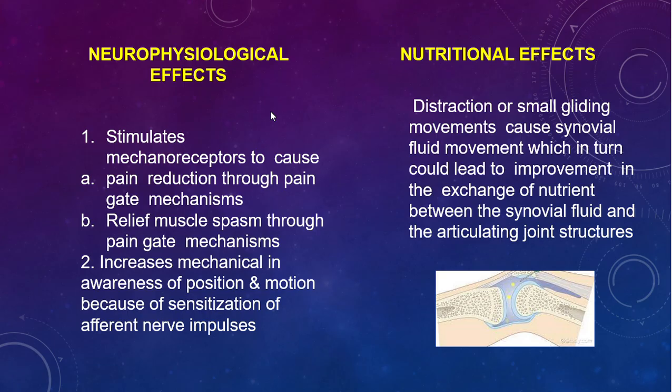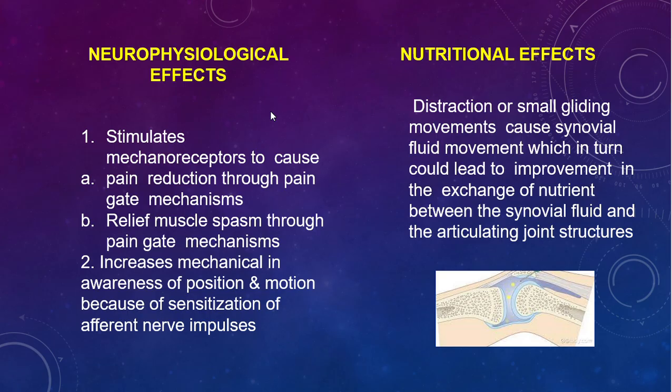That's the neurophysiological effect. And do not forget that whenever there is pain in any part of the body, the muscle, in most cases the muscle very close to that area, tends to contract. That's what we call spasm, in order to protect that part of the body from further injury. So when we've done manual therapy to mitigate the pain, we are also relieving muscle spasm. So all these are neurophysiological effects of manual therapy.